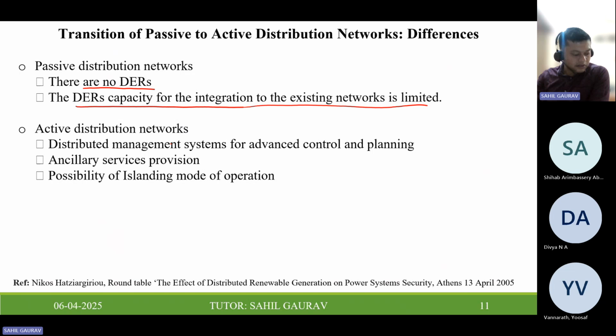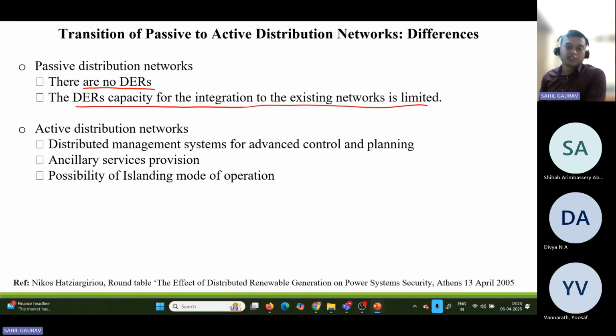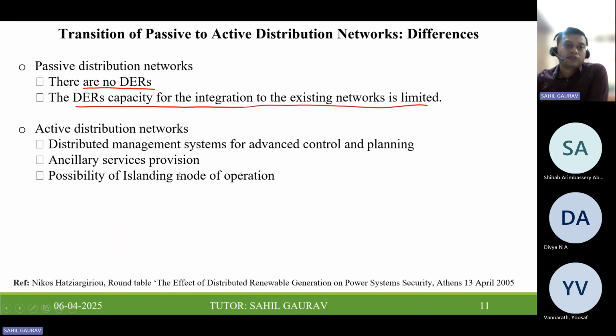For this concept, you can refer to this paper, the effect of distributed renewable generation on power system security. Due to the integration of DG and electric vehicle charging stations, nowadays our distribution network becomes active, due to which we can have an advanced management system for distribution system, and we can have better planning, and through these distributed energy resources we can provide ancillary services, like power factor corrections and many things like that.